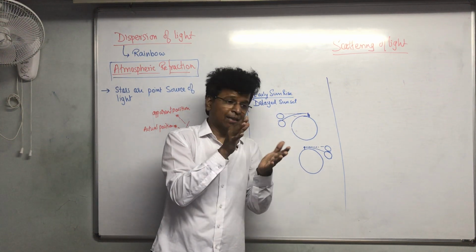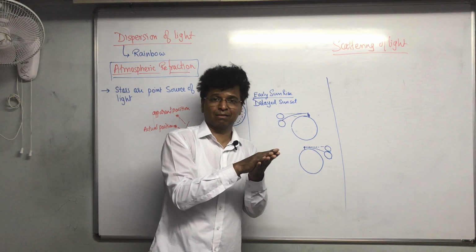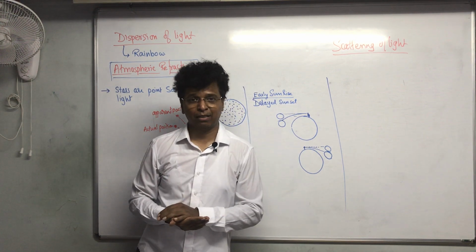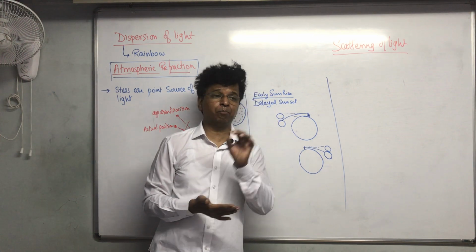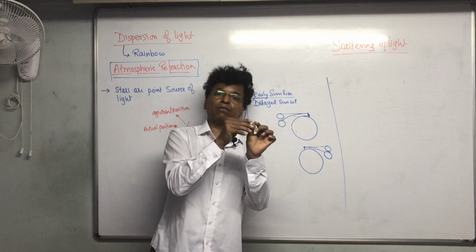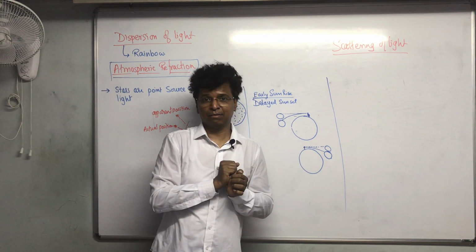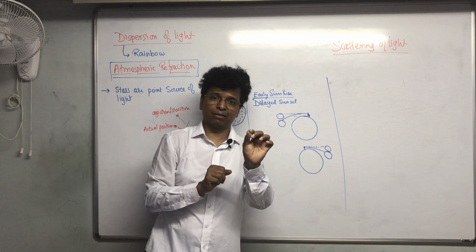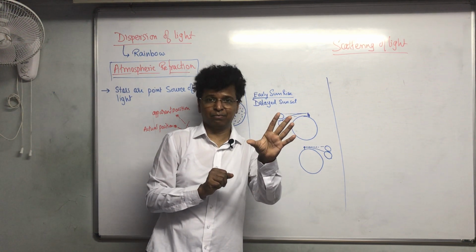Are you getting? And that light which scatters depending on the size of the particle, that phenomenon is called scattering of light. And why is it important? Because depending on the size of the particle, the color of the light will be scattered. Okay, very tiny particle, the shorter wavelength will be scattered.